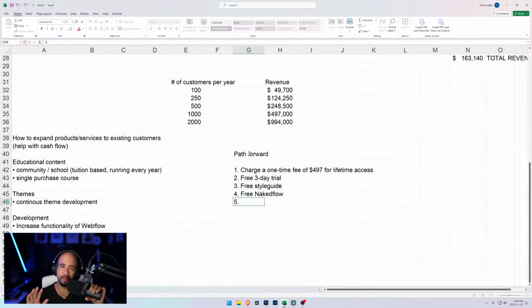Basically, think of it like a WordPress site, but stripped down completely bare. So we'll have that, and then single pay per use themes or templates.